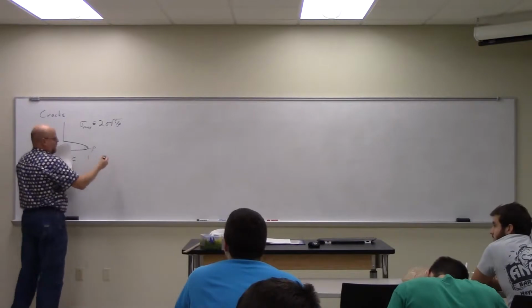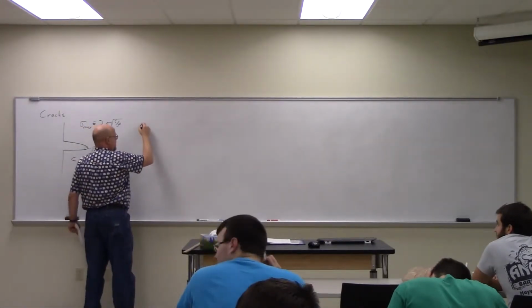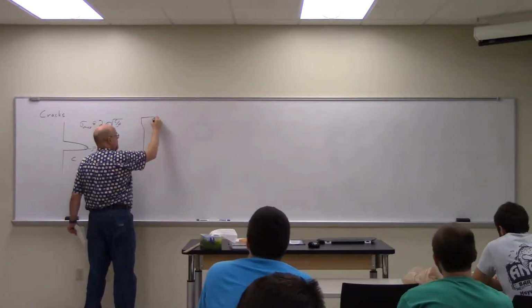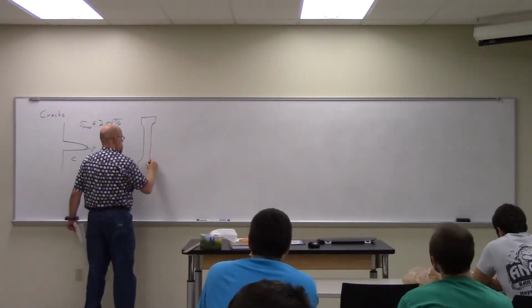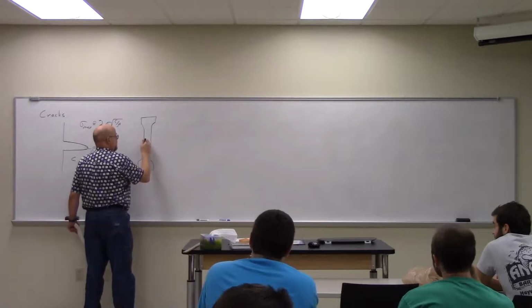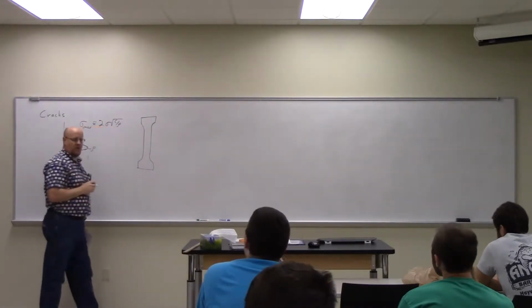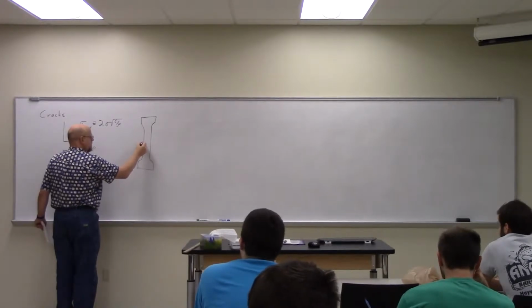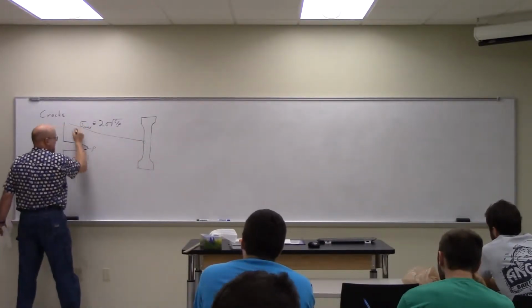So in other words, if I zoom out on this, I've got some brittle sample that I'm pulling on. And it has a little crack here, right? There's some kind of a nick on the side. So take this, and zoom it out, and I get that.